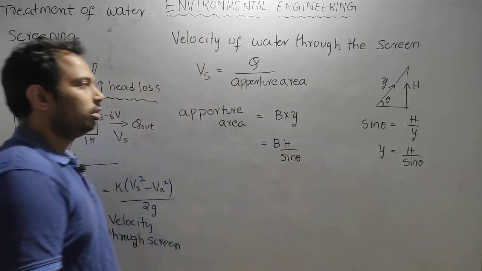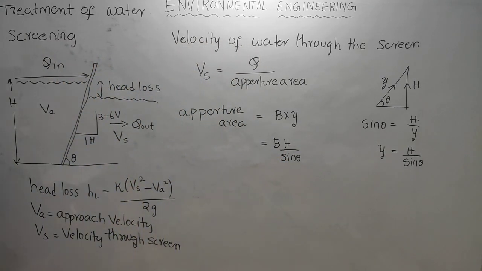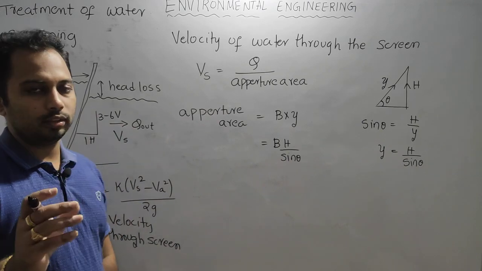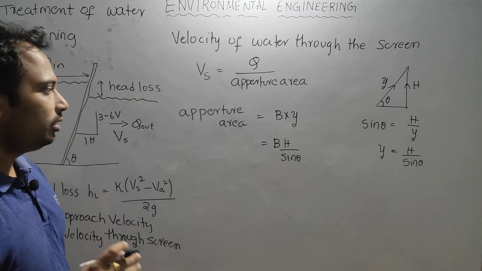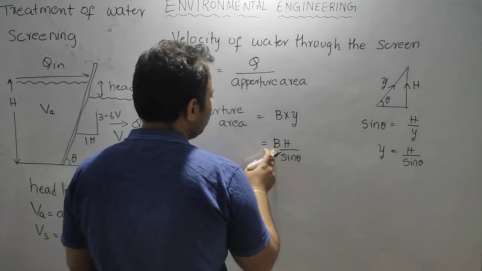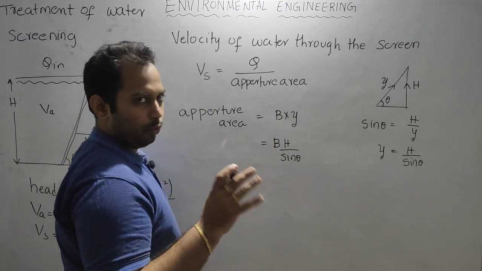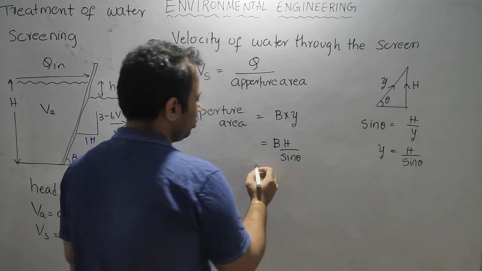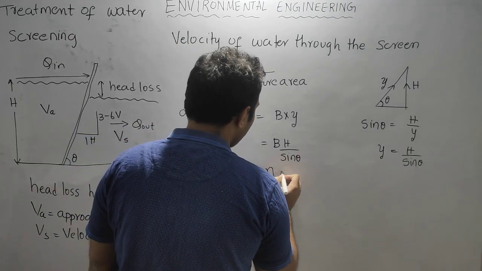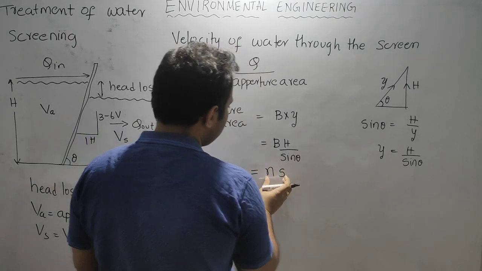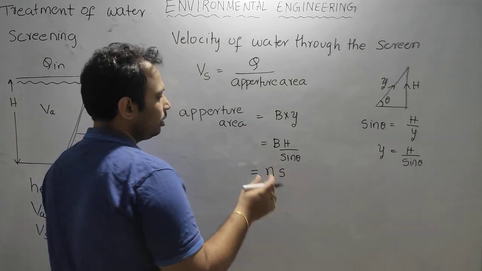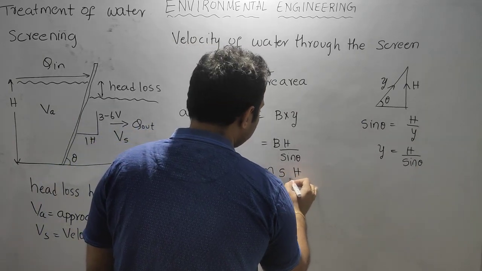Aperture means openings. So when taking openings, the value of b is n into s only. We don't consider the bars, we only consider the openings. So b is n into s, into h by sin theta.